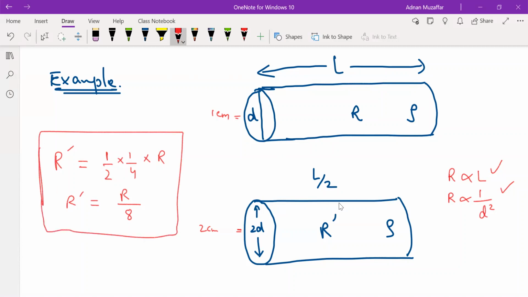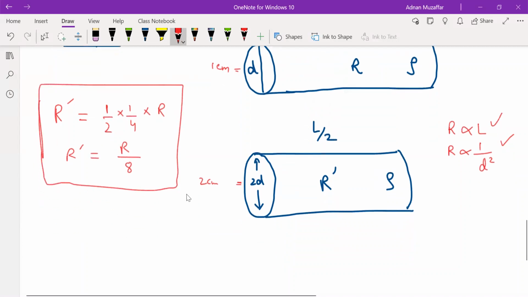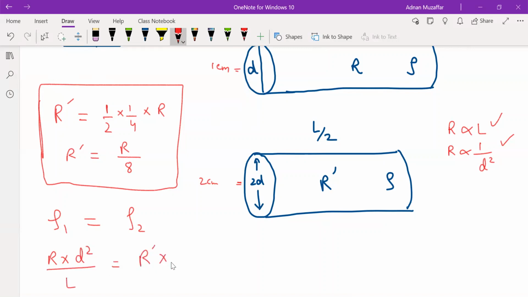And if you want to do it by the other method, rho 1 equals rho 2, just equate them. Rho 1 is resistance 1 multiplied by area. Instead of area, I can write D square, over length 1. What was length 1? L. R prime is unknown to us.